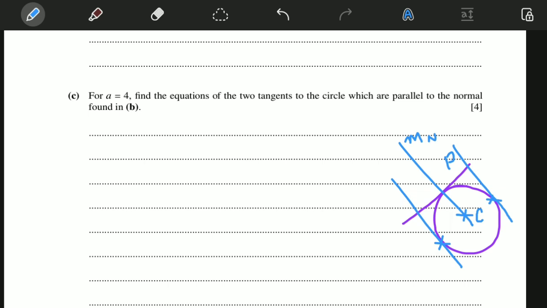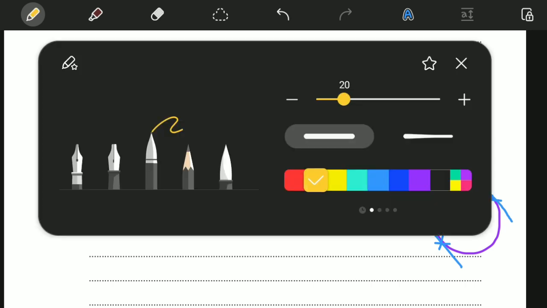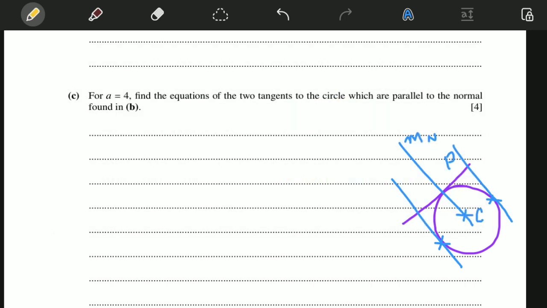Okay, for that, what do we need? Understand this. We need the slope of these tangents, which if are parallel to the normal, will be the same, because for parallel lines the slope is equal. The second thing that we need is one point for each equation of tangent.